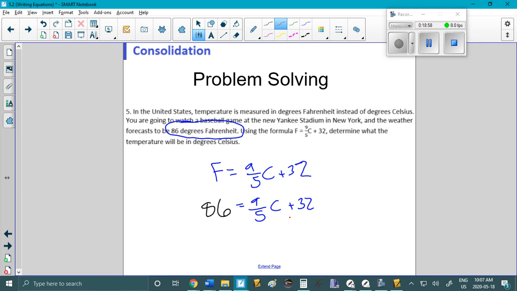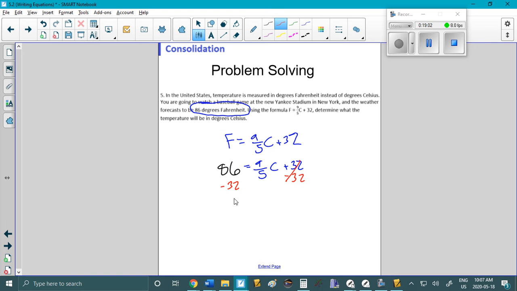So to get C by itself first, just like before, we subtract 32. 86 minus 32 is 54, equals 9 over 5 C. Now this is hard because this C is being multiplied by 9 divided by 5, so I'm going to rewrite this as this. 54 equals 9C over 5. And just know that that's the same as this. Okay? That's how fractions work.